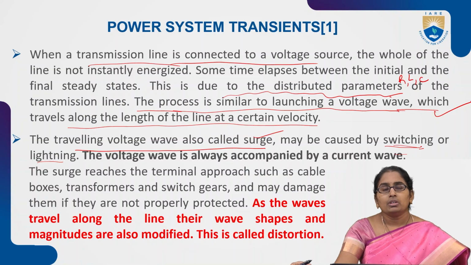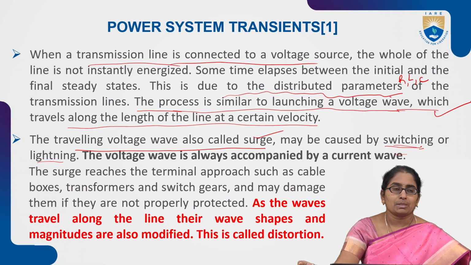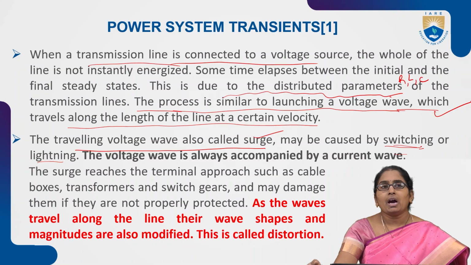So this traveling voltage wave along the transmission line is called a surge, which generally occurs due to switching or lightning.